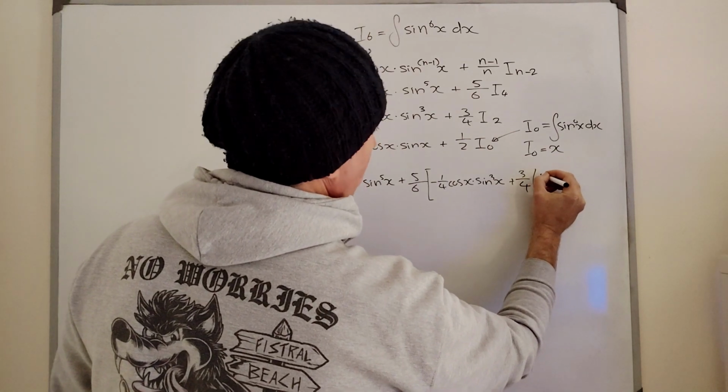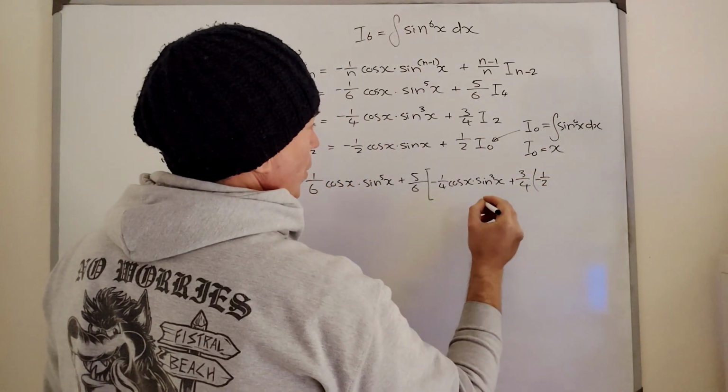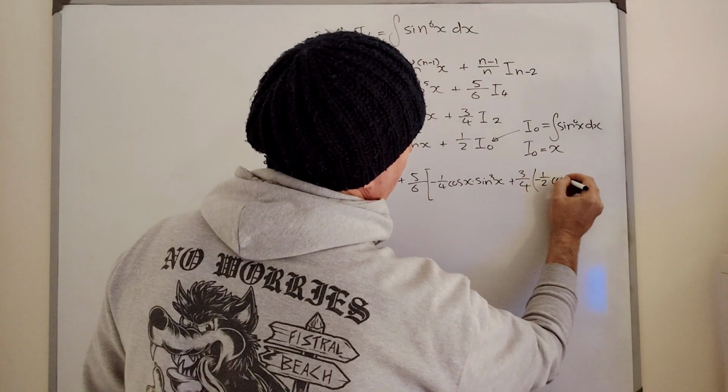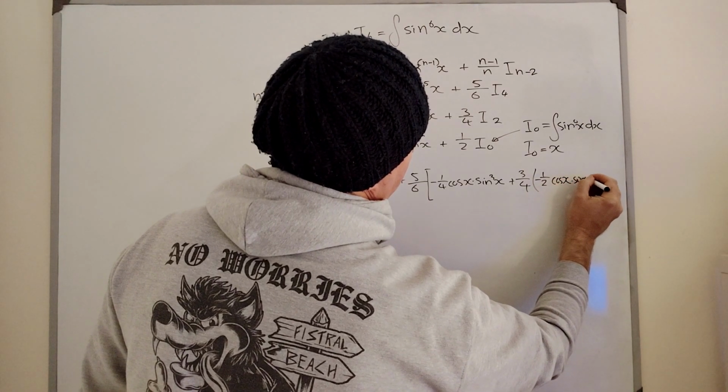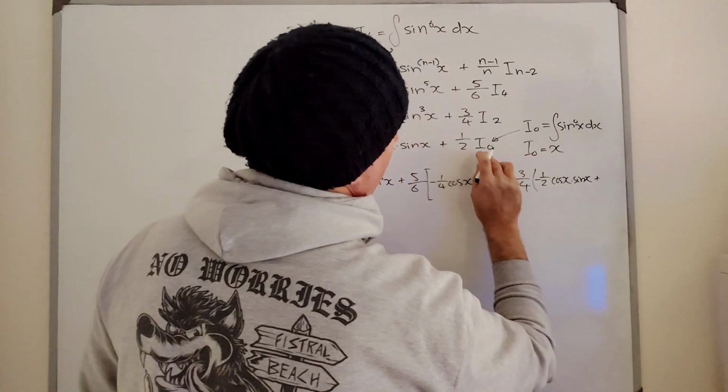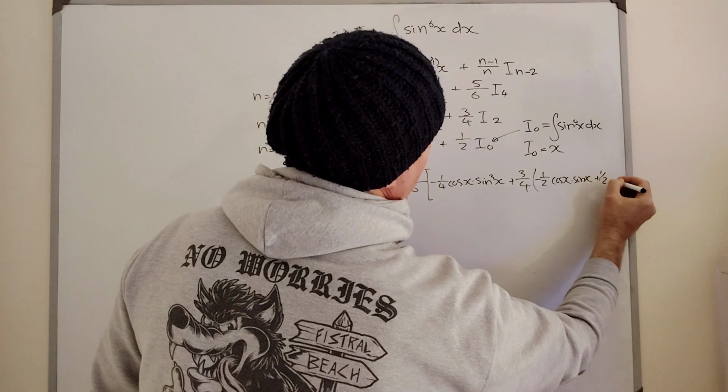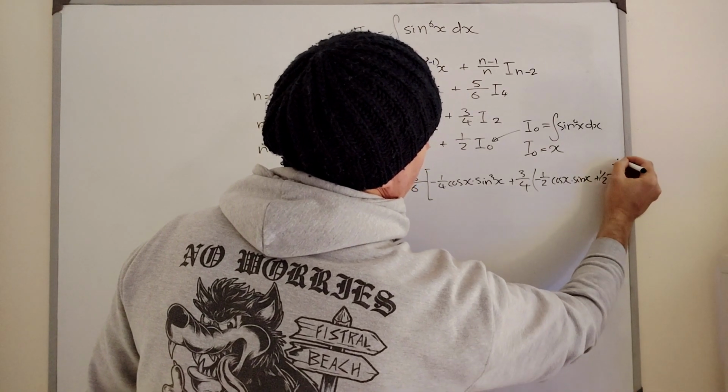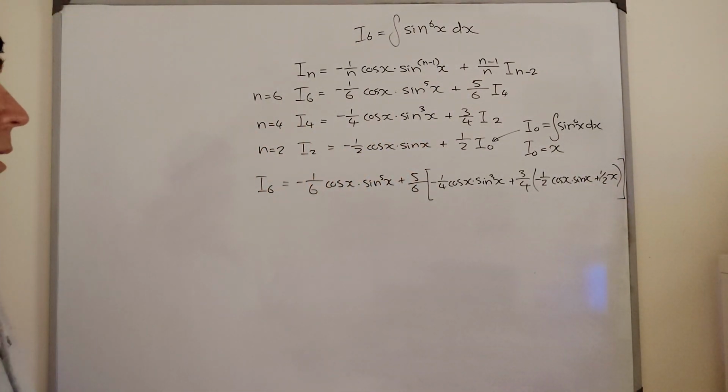You can clearly see why I needed a large board for this monstrosity. So that's cos x sine x plus 1/2 I0, which is 1/2 times x. Oh, just about squeezed it in.